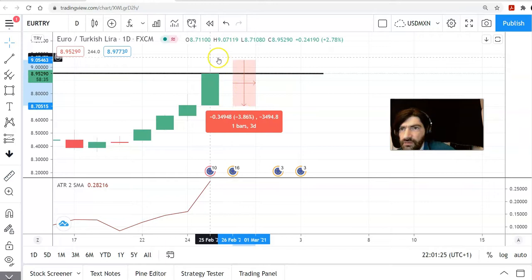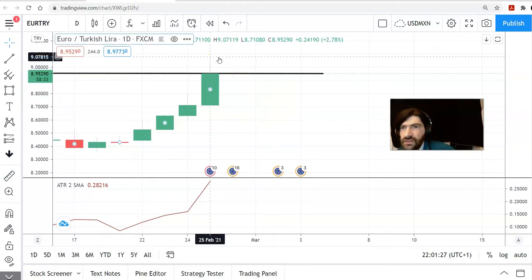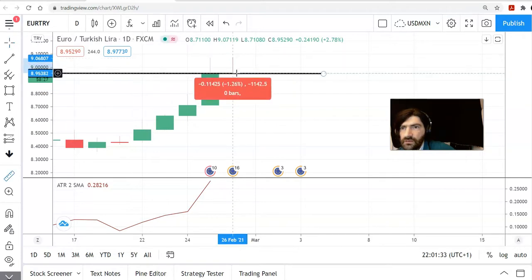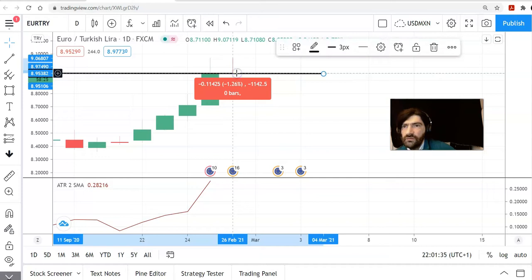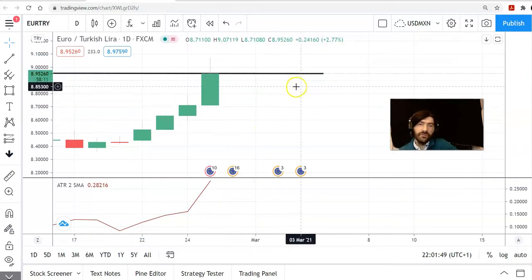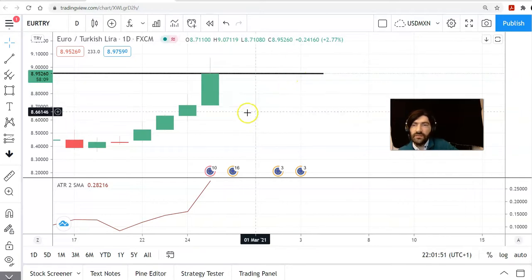And this section here is about 1,142. So it's not quite a third of the move, but it's a significant part of that move. And what's really significant, it actually comes to that level, which is kind of resistance at the moment.